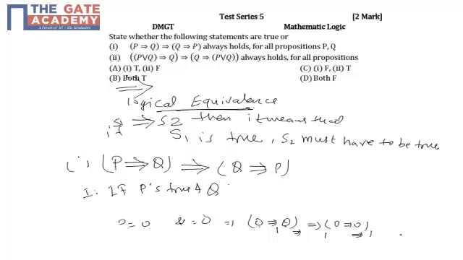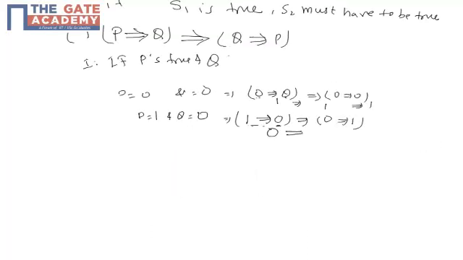Now the second case, P equal to 1 and Q equal to 0. 1 implies 0 is 0, which is false, and 0 implies 1 is 1. In this scenario also, both sides give the same value.